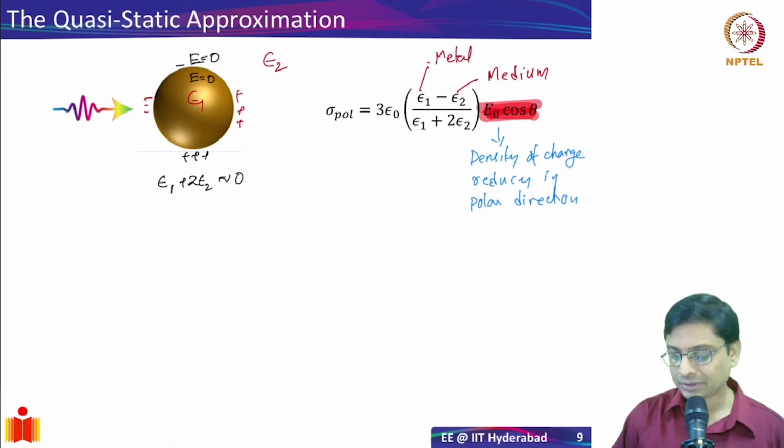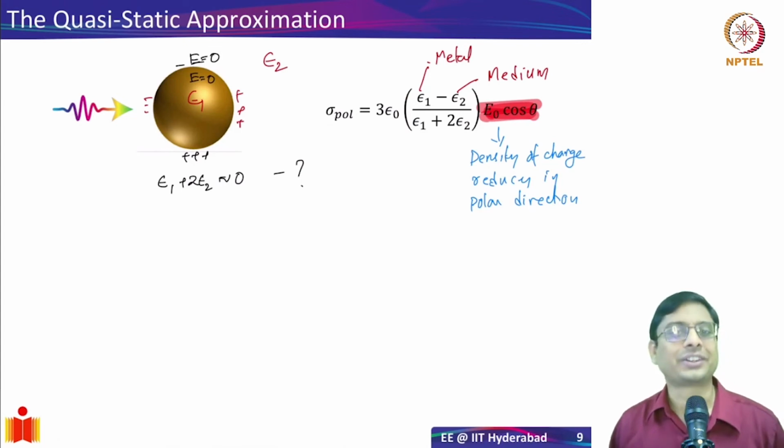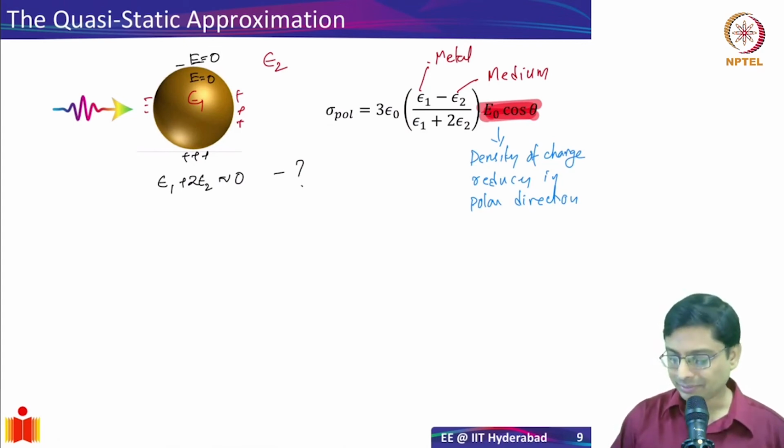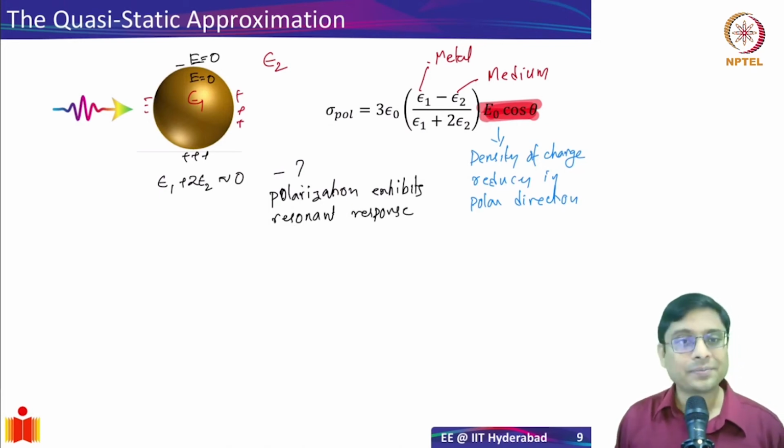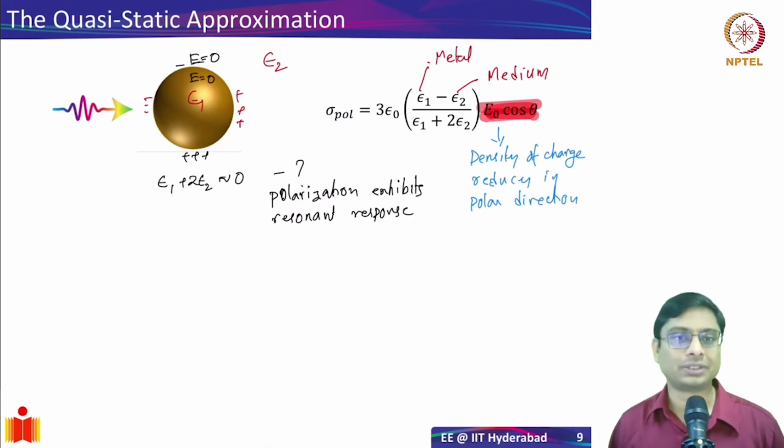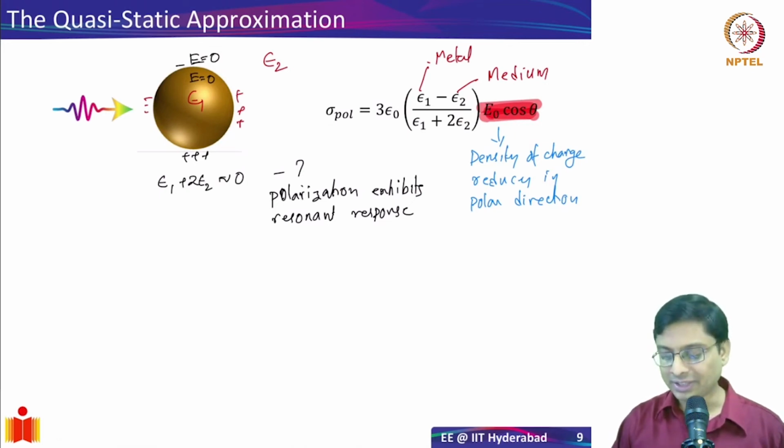Well, the polarization exhibits a resonant response. What do I mean by that? It just means that the surface charges are going to become very, very strong. A large amount of these plus and minus charges is created whenever epsilon 1 equals minus 2 epsilon 2, whenever this equation is satisfied.